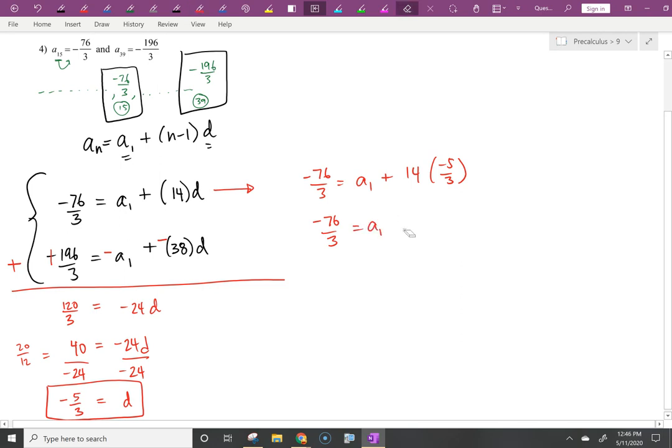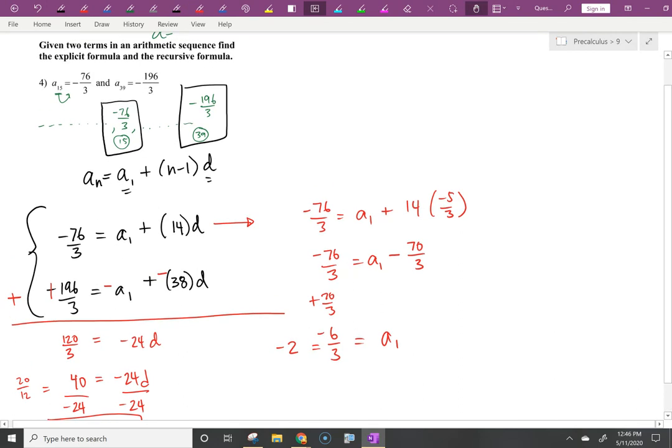Minus, because it's going to be multiplied. 50 and 20 is 70, so minus 70 thirds, which means I'm going to add 70 thirds to the other side. And I'm going to get A1 equals 6 thirds, or 2. Wait, it was negative, right? Negative 6 thirds, so negative 2. So that is the first term.